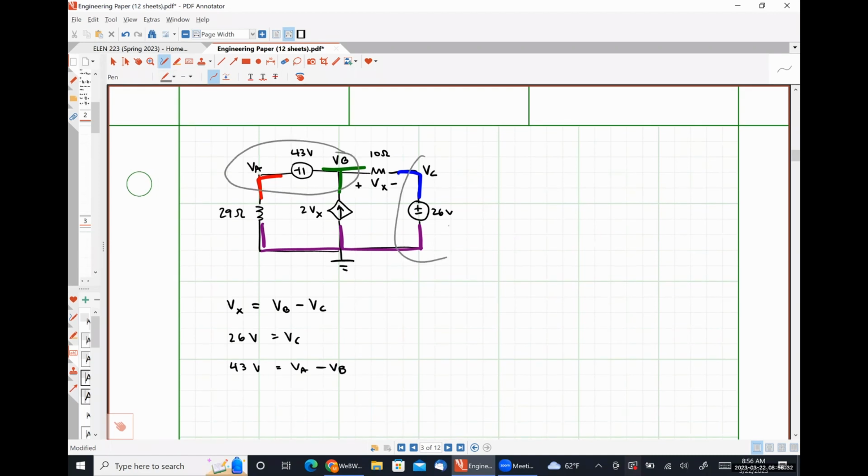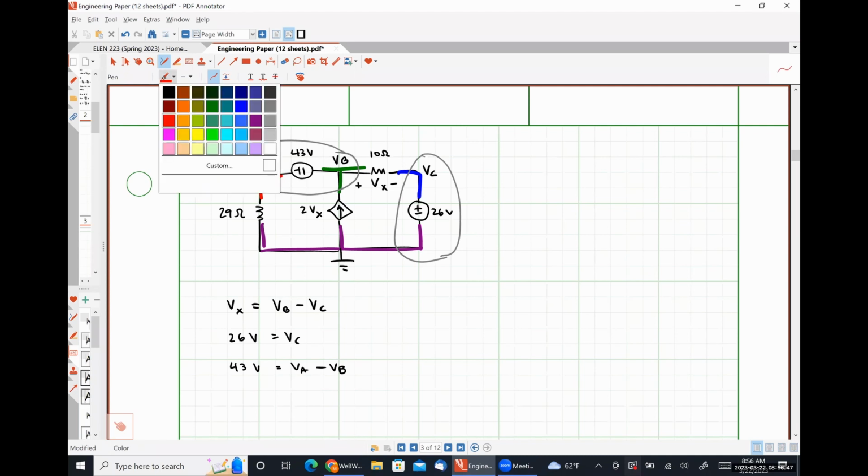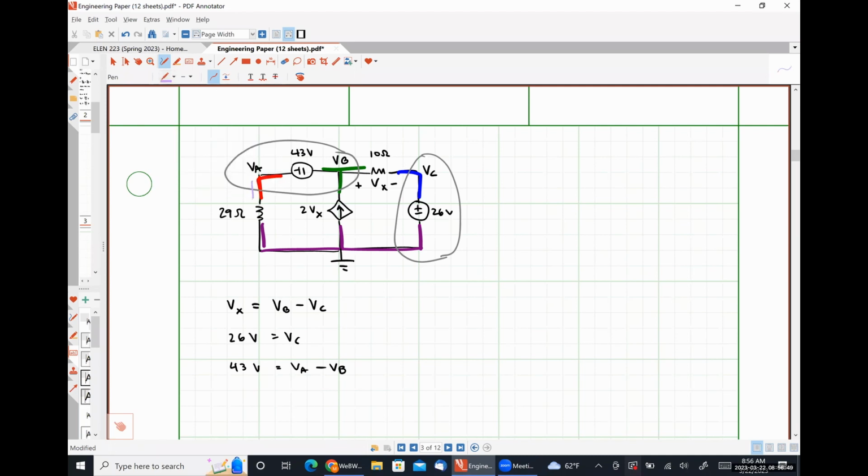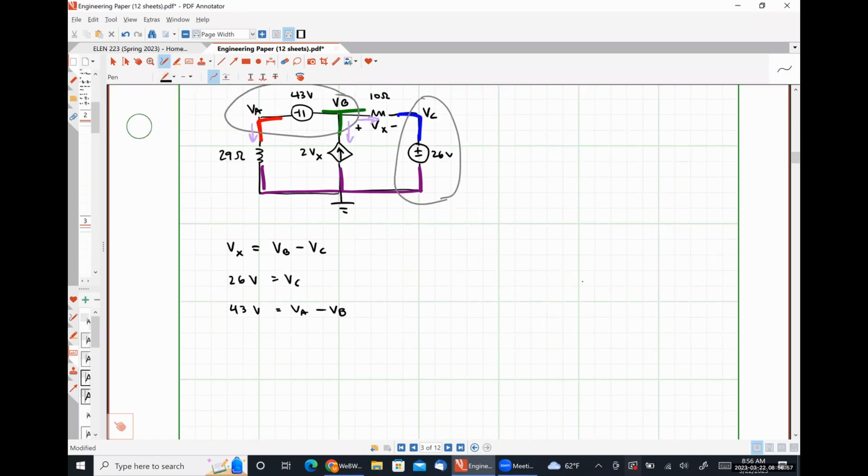This is a supernode. This is a supernode. The supernode for VC obviously contains ground, so I don't write a KCL equation for that. The supernode for the 43 volt source doesn't contain ground, so I'm going to have this current plus this current plus this current, set it equal to 0. So what's the current flowing down through my 29 ohm resistor?